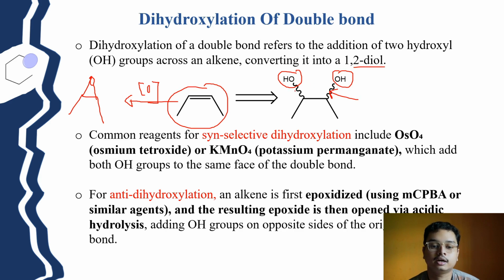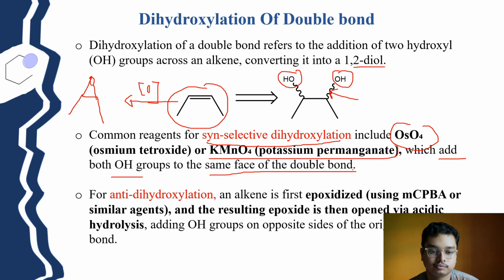We also do anti-dihydroxylation. For the syn or cis dihydroxylation, osmium tetroxide and KMnO4, that is potassium permanganate, are used, which add both OH groups on the same face of the double bond.